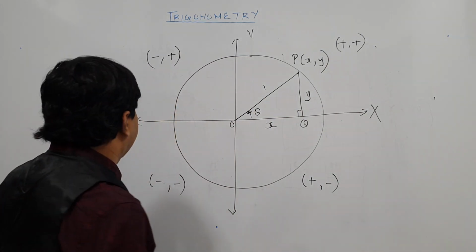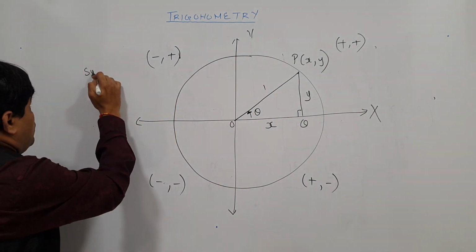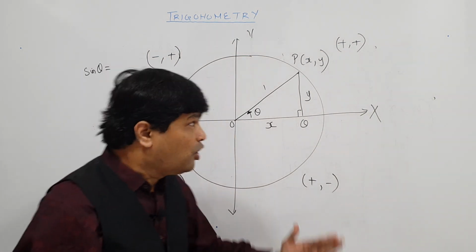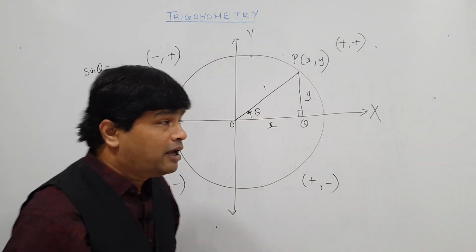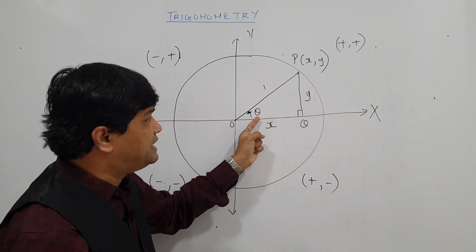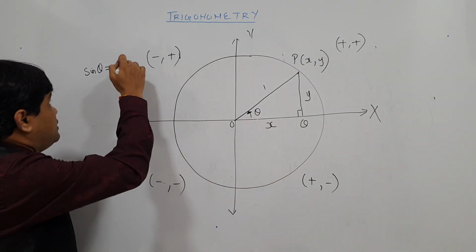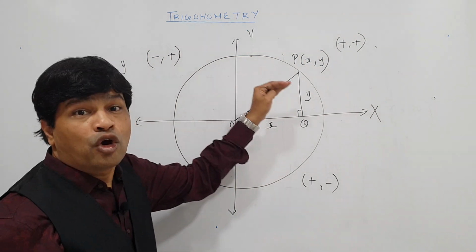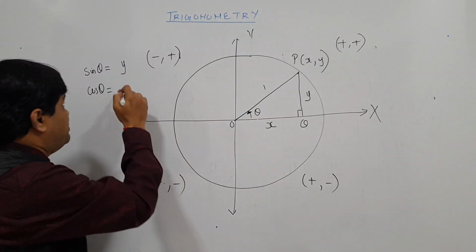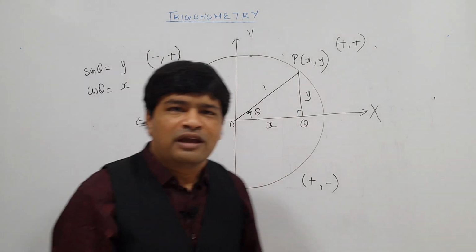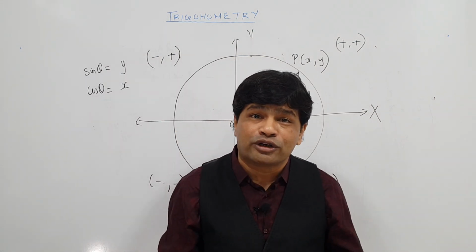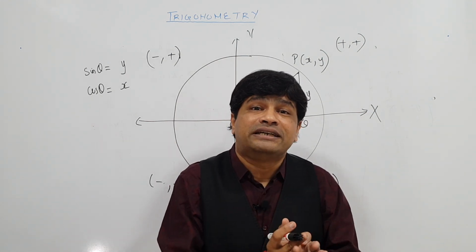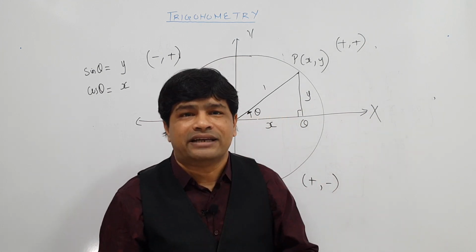We have studied sine of a particular angle is opposite side upon hypotenuse, or perpendicular upon hypotenuse. Perpendicular or opposite side for theta is y and hypotenuse is 1, which will be y. Cos theta is adjacent side upon hypotenuse, or base upon hypotenuse, which will be x. So my dear children, whenever you take P as any point on circle, irrespective of wherever it lies, x represents cos theta, y represents sin theta.